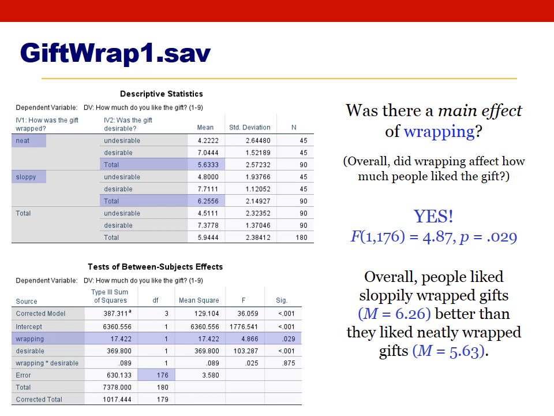People who got sloppy wrapped gifts, their average rating was a 6.26, which is higher than the rating for neatly wrapped gifts. So what this tells us is we found a main effect of wrapping. Overall, regardless of what was inside the box, people actually liked the sloppy wrapped gift better than the neatly wrapped gift.